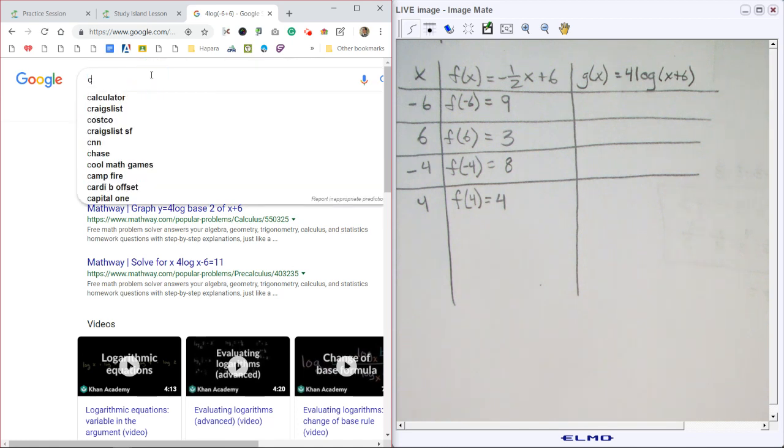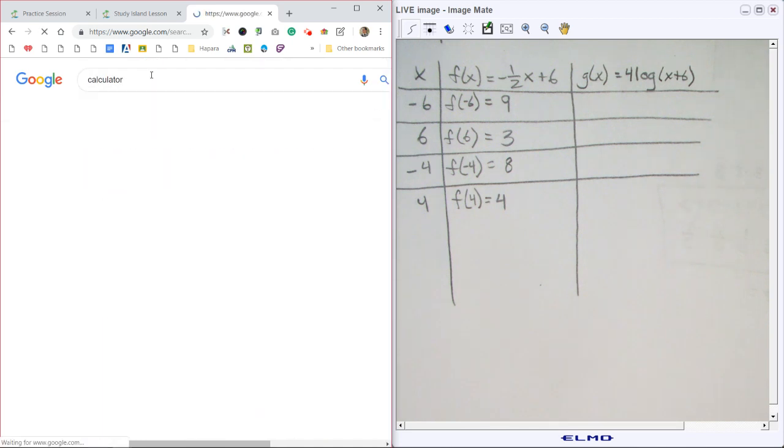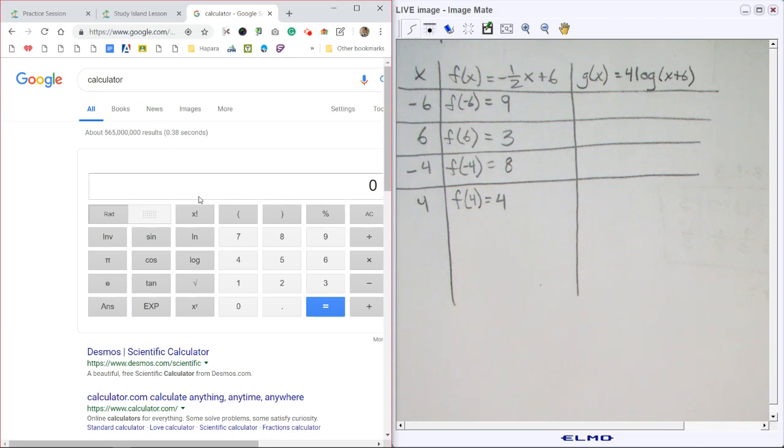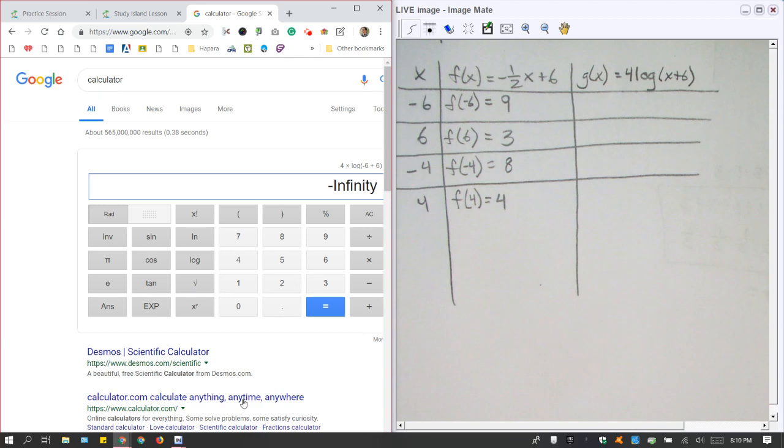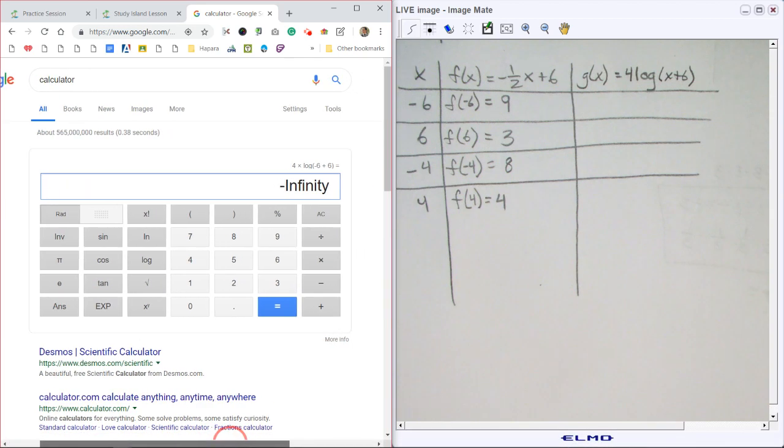We'll do it that way. All right, so 4 times log, and then negative 6 plus 6. Enter. Negative infinity. So that's undefined because we're taking the log of 0, and that's going to be a problem.